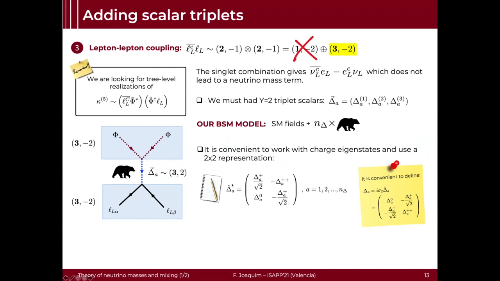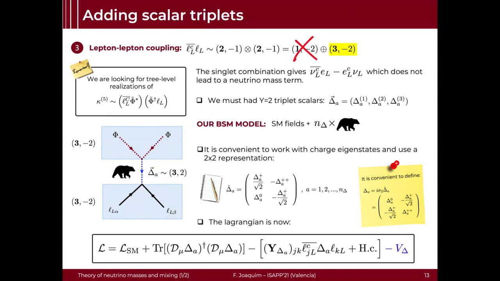Okay, so again, this is a triplet of SU(2). We can use the 2x2 way of writing the triplets. We also have to do some trick here to match the transformation properties of the interactions with the standard model lepton doublets.